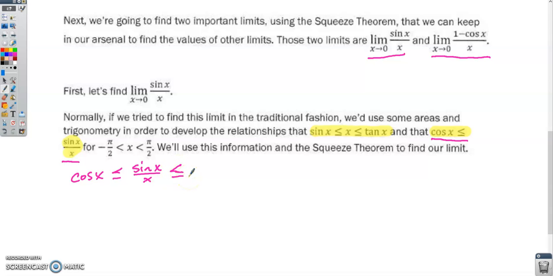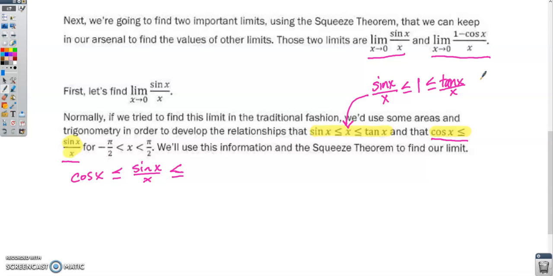We need some function that sine of x over x is always less than or equal to, and we're going to get that from this relationship right here. If we take this relationship and divide everything by x, it becomes the relationship sine of x over x is less than or equal to 1, which is less than or equal to tangent of x over x.